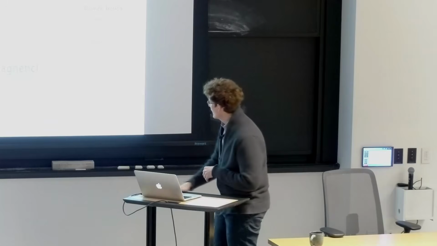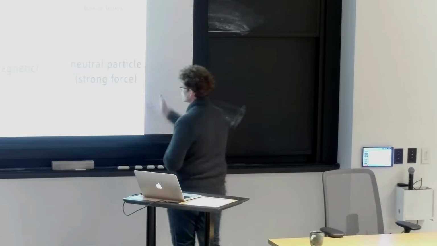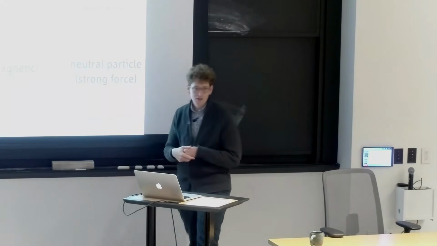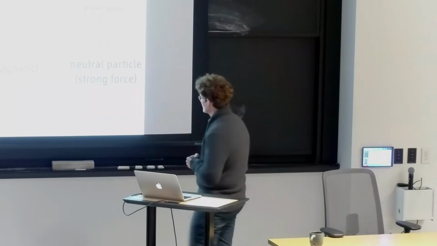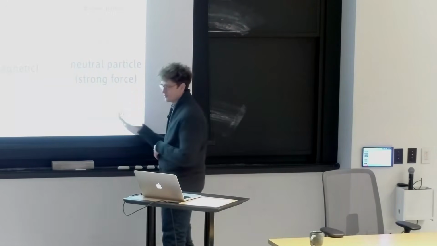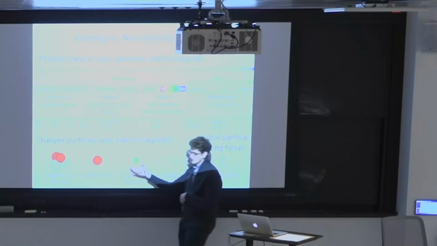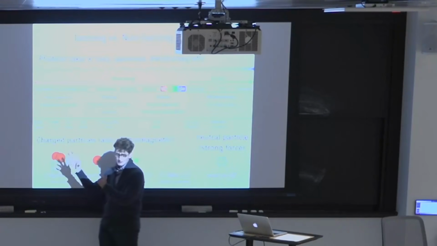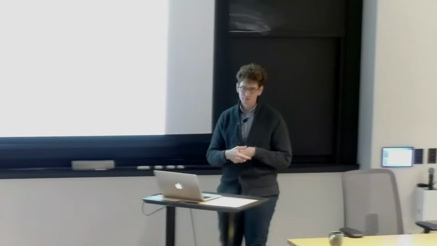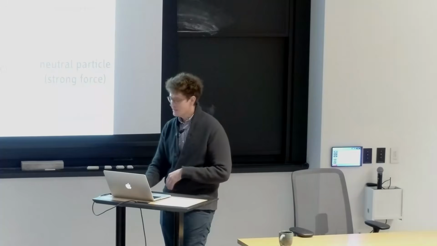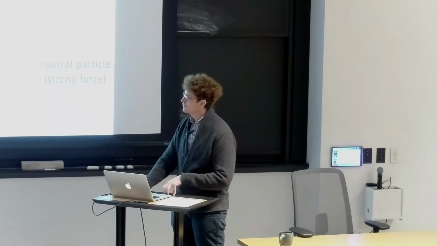And then you have neutral particles, namely the neutron, which is only going to interact through the strong force, and thus will only interact with the nucleus of the atom. The charged particles fly through matter, interacting instantaneously, slowing down and depositing energy in just the thinnest layers of matter. But neutrons can penetrate quite deeply because they're not charged. But when they interact, they're very dramatic.